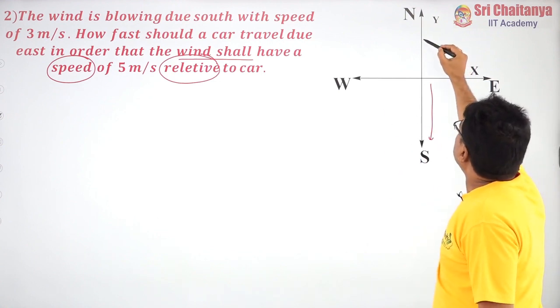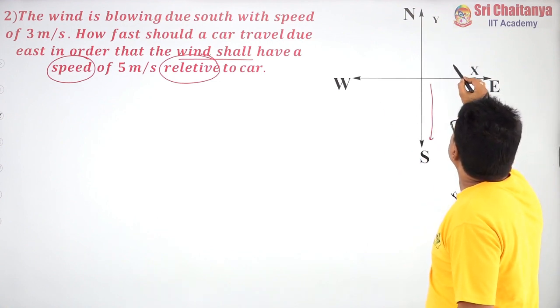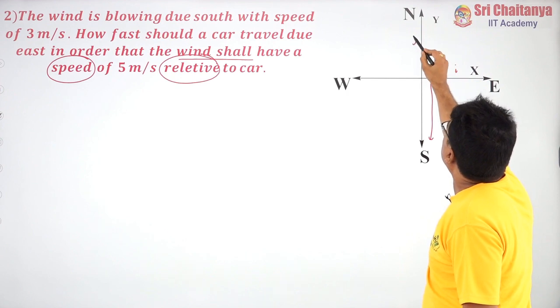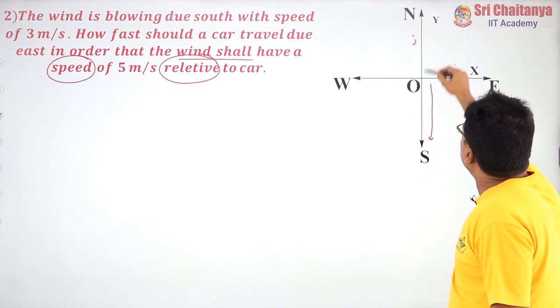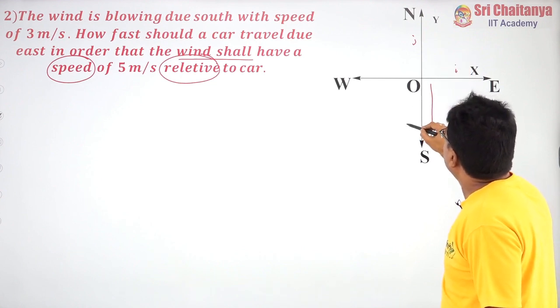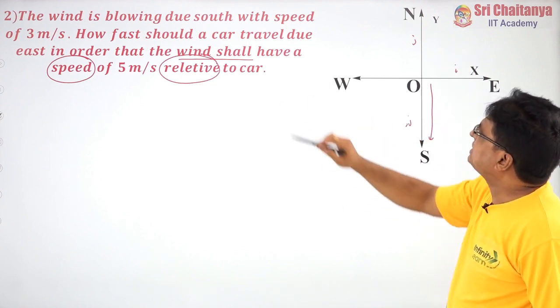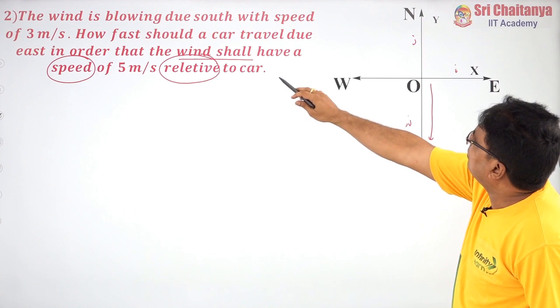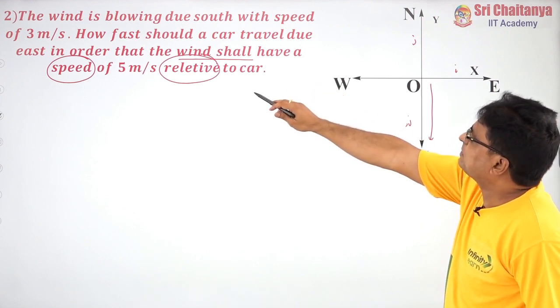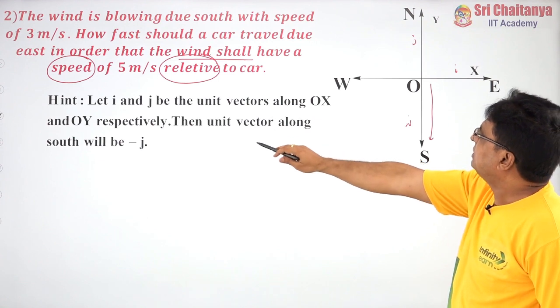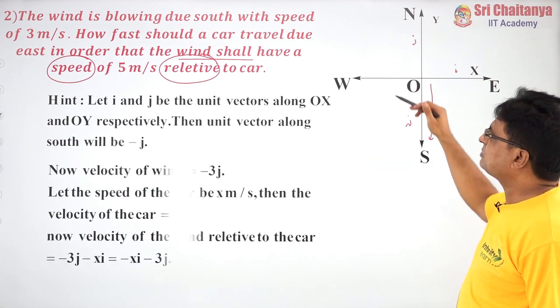Of course, the unit vector along the x axis is i, the unit vector along the y axis is j. Then the unit vector along OS bar is minus j, and the wind speed is given as 3 meters per second, therefore the velocity of the wind is minus 3j.